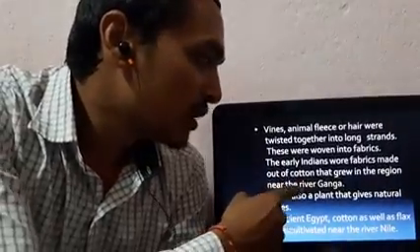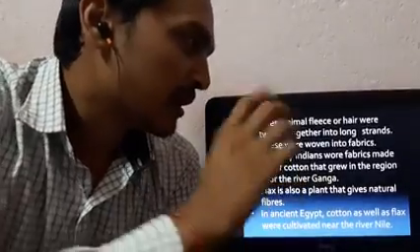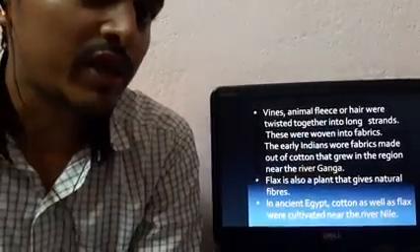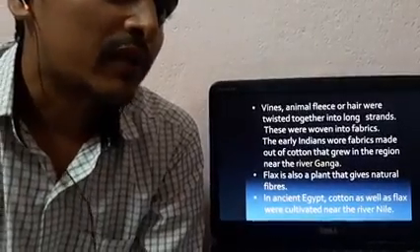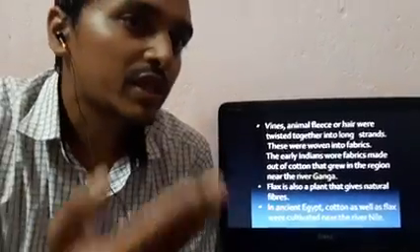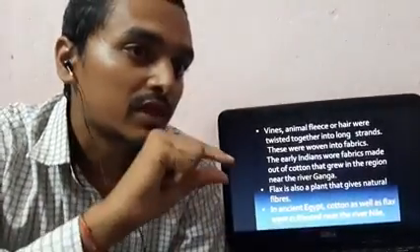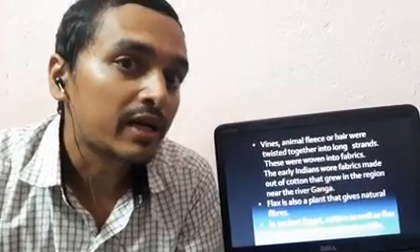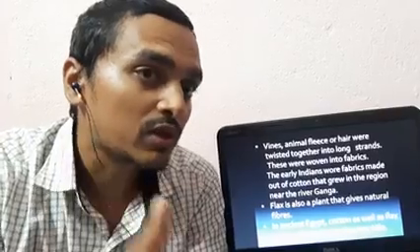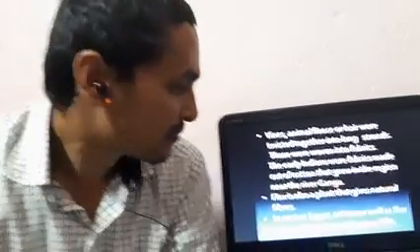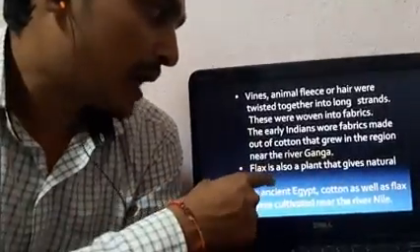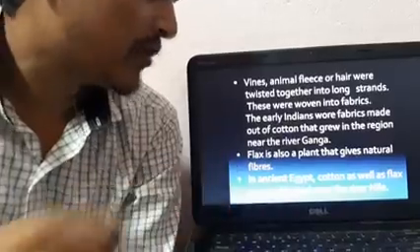It started from the plants which grew at the bank of river Ganga. Cotton plants grew naturally, and from this cotton fiber they made yarns, and they found that they could use it as a cloth material.